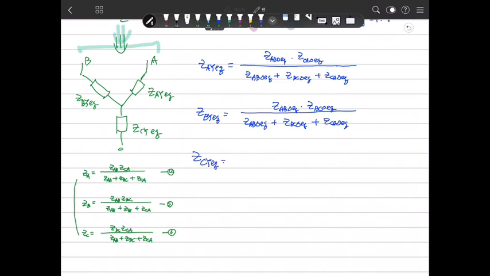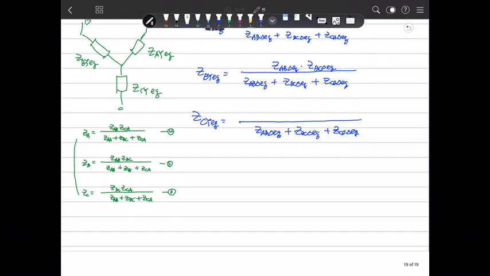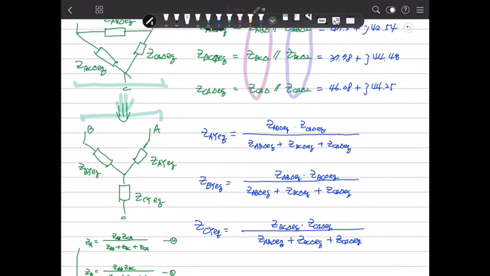And GCY EQ is the same: GAB delta EQ plus GBC delta EQ plus GCA delta EQ, and GBC delta EQ and GCA delta EQ.